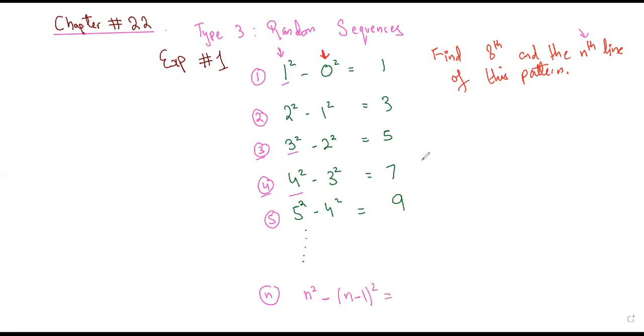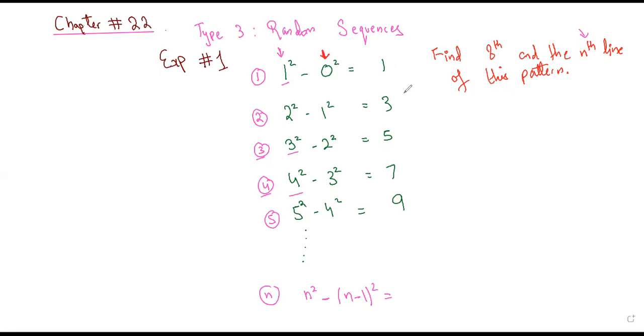And what about these, 1, 3, 5, 7, 9? What do you think about these? Is it a quadratic sequence? No. You're going in the right direction.